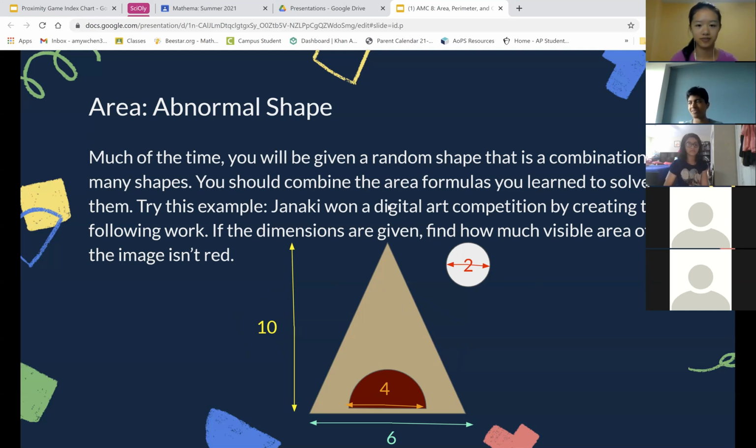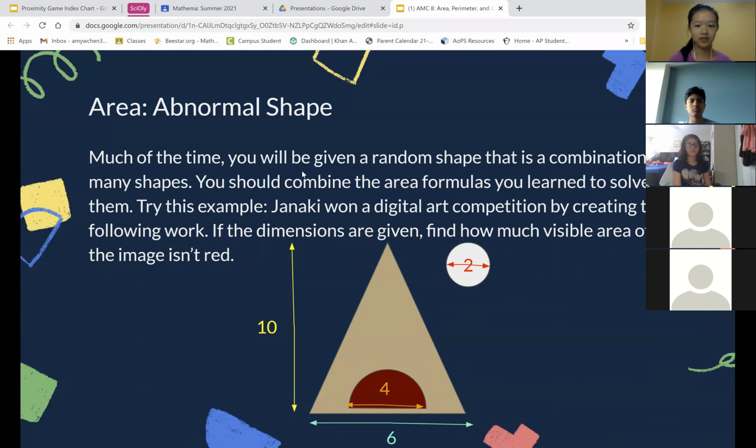Okay, so far we've been pretty straightforward with finding the area. However, sometimes they'll give you a weird shape and want you to find the area. For these types of problems, you need to combine the different area formulas and either add them to each other or subtract them to find the area. For example, Janicki won a digital art competition by creating the following artwork.